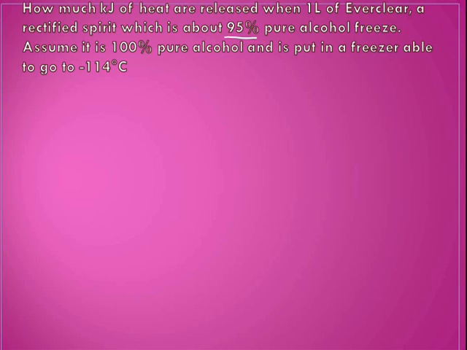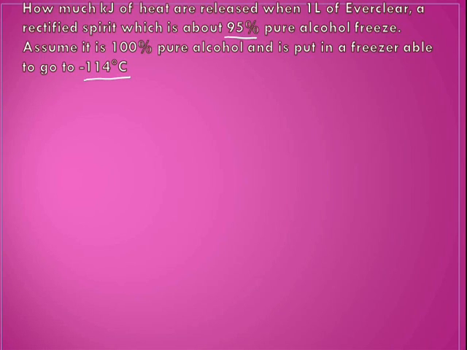You'll notice that maybe your parents might keep some alcohol in the freezer, and alcohol will not freeze at freezer temperatures. Water will freeze at 0 degrees Celsius, but most freezer temperatures are about negative 25 degrees Celsius or so. And alcohol will not freeze unless it's much, much colder, negative 114 degrees Celsius.